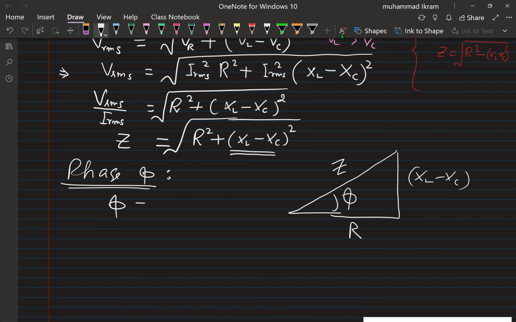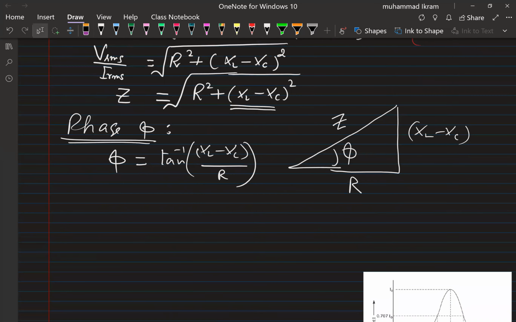So this will be equal to the tangent inverse of (XL minus XC) by R. And this is how we can find the phase angle.